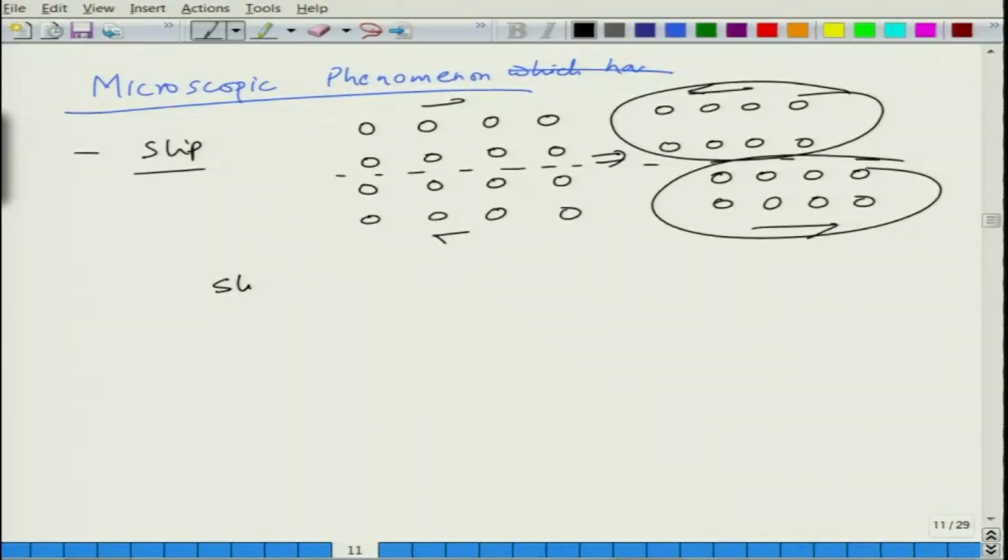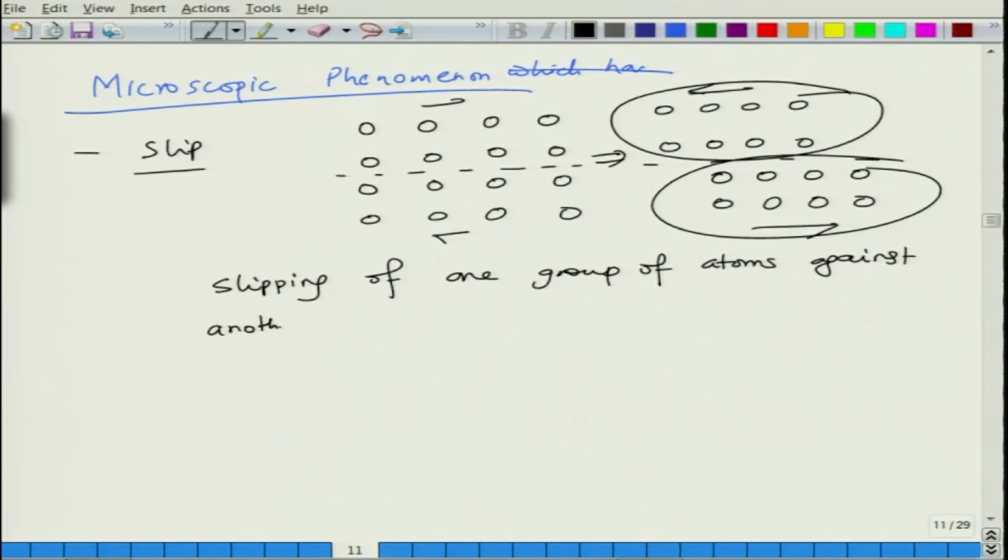Basically it is a slipping of one group of atoms against another group. And this happens in a very coordinated manner.